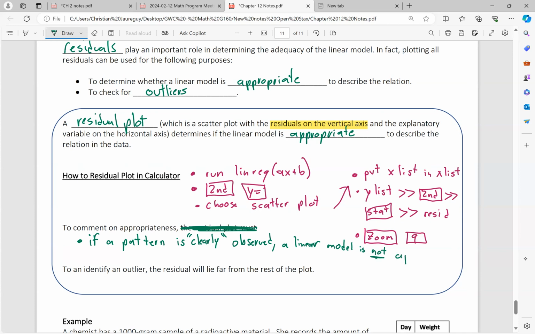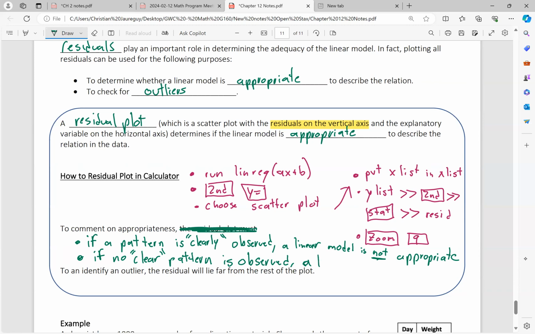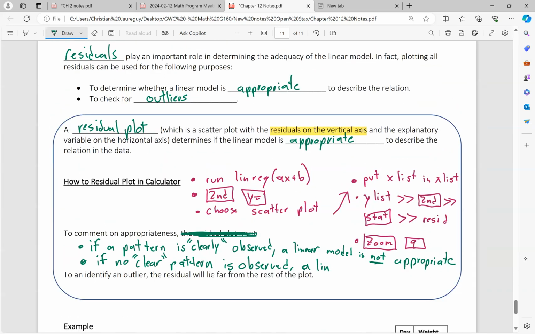And vice versa: if no clear pattern is observed, a linear model is not appropriate. Or I'm sorry, is appropriate. It's this backwards business.